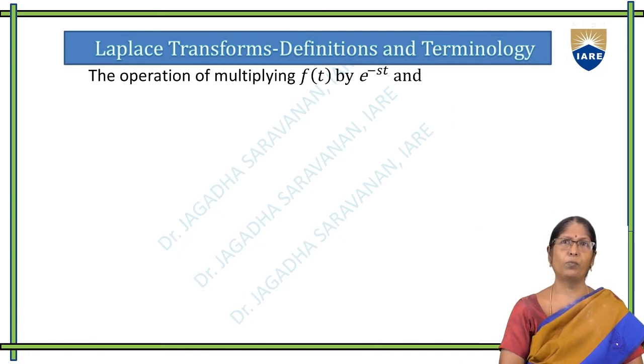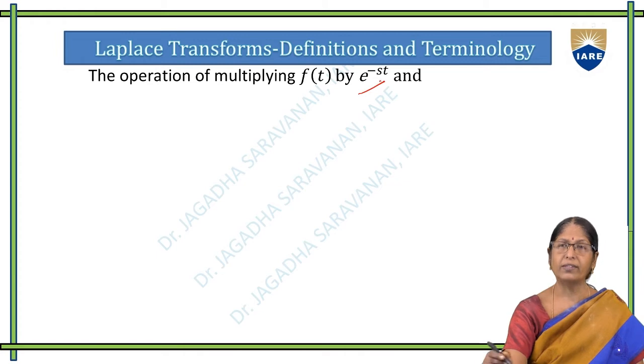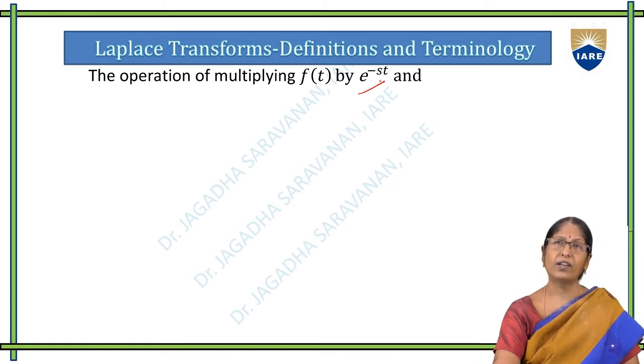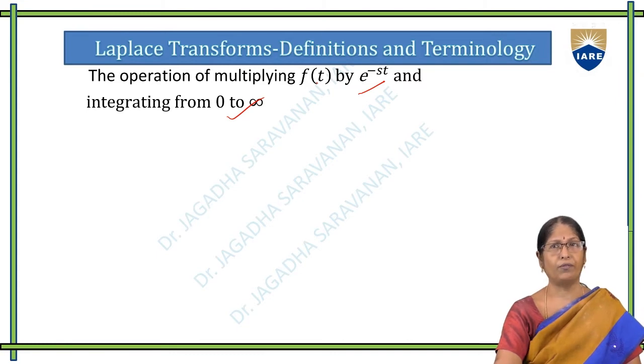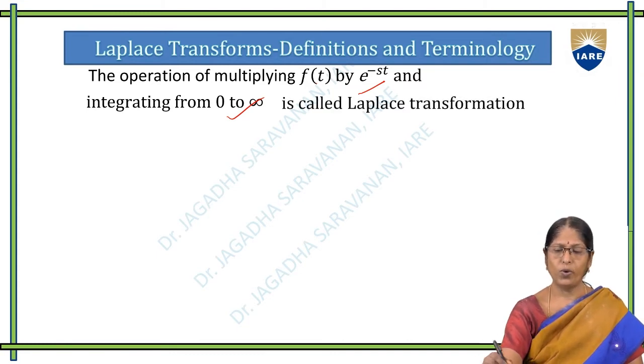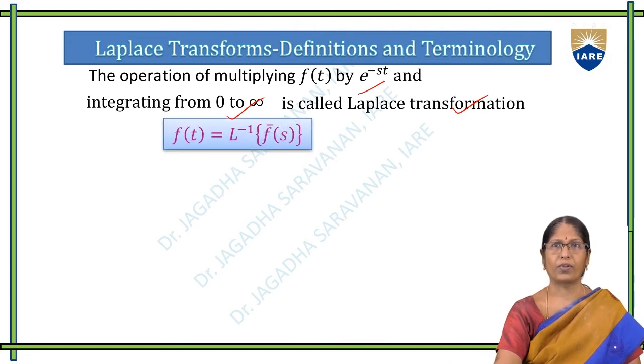Next, we will move to the operation of multiplying f of t by e power minus st. Our function f of t is multiplied by e power minus st, and we have to do the integration from 0 to infinity, which is called the Laplace transform.